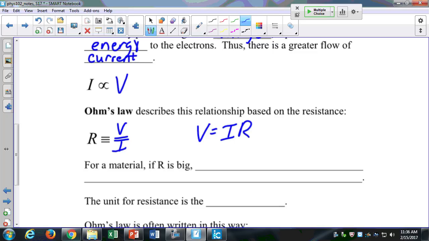The resistance describes how the flow of electricity is resisted. So for a material, if R is big, you need a greater potential or a greater voltage to produce the same current.